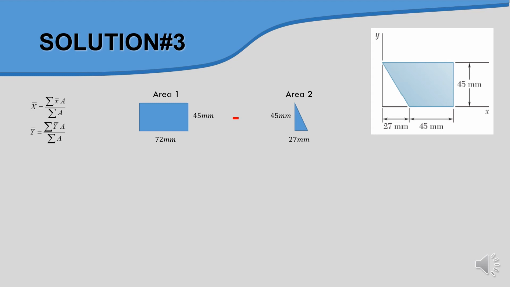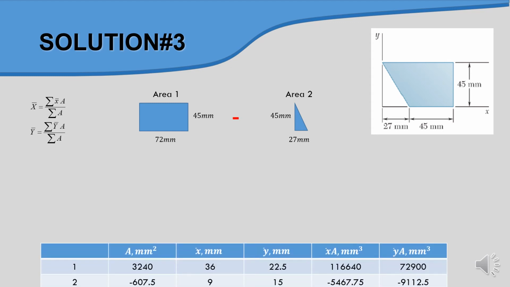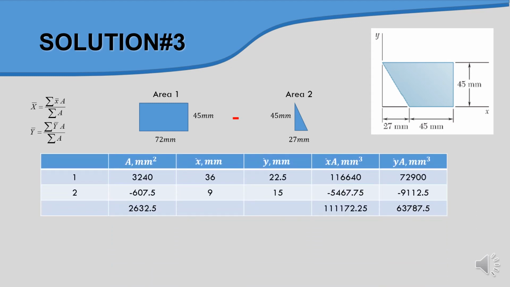For the systematic calculation method, we will make it using a table, something like this. The table for area number one is basically at point number one here.